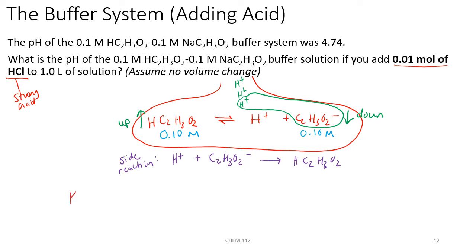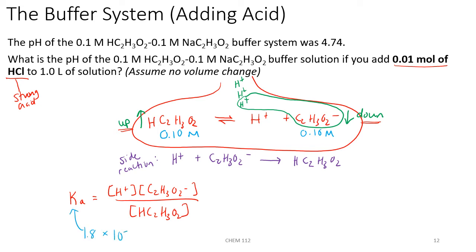So we can write our equilibrium expression. Ka is equal to H plus times C2H3O2 minus all over HC2H3O2, our weak acid. But in this case, we want to look at how we're going to have to add or subtract. We're going to have to subtract from the acetate concentration, and we're going to have to add to the weak acid, the acetic acid portion of it. So we had 0.1 molar acetic acid and 0.1 molar acetate, and our Ka is going to be the same because we're still dealing with acetic acid, so 1.8 times 10 to the negative fifth.